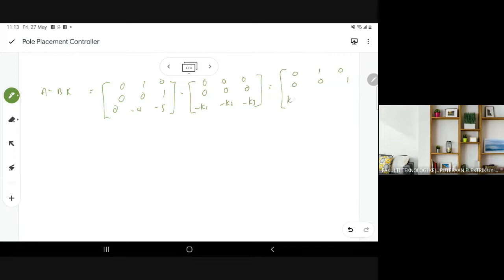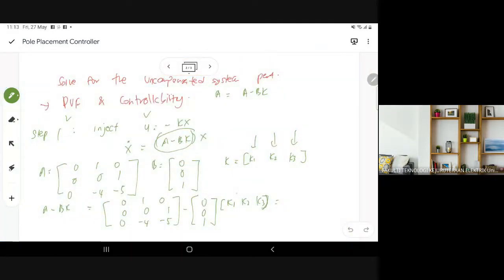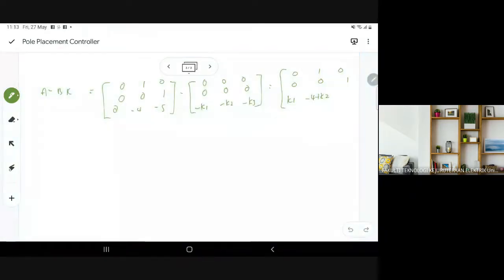Sorry, this supposed to be K1, K2, K3, because I felt something was wrong here.